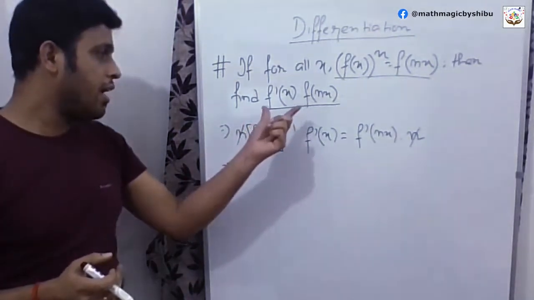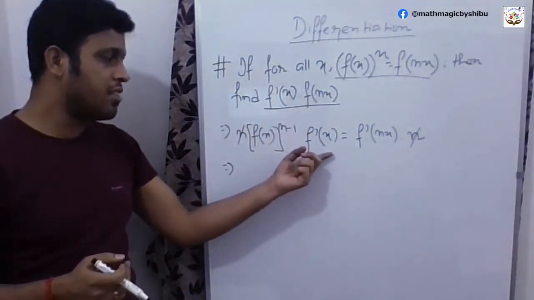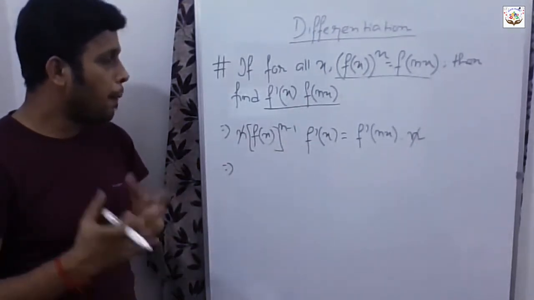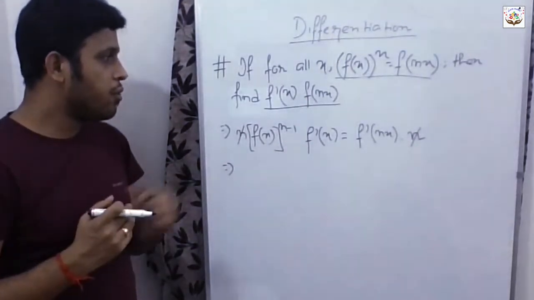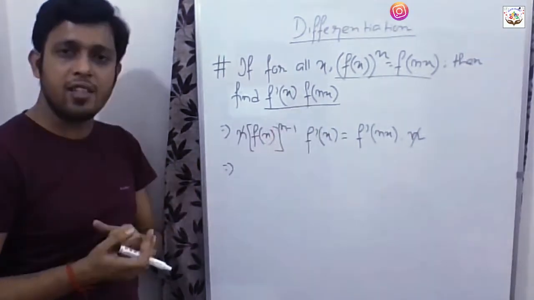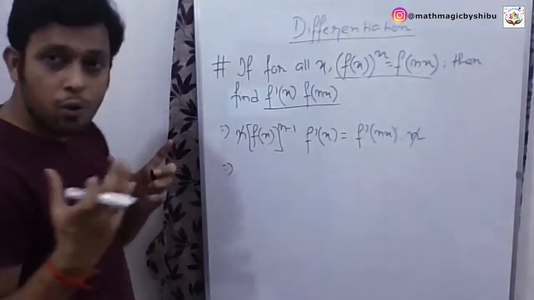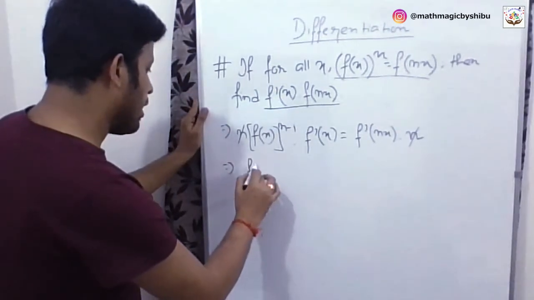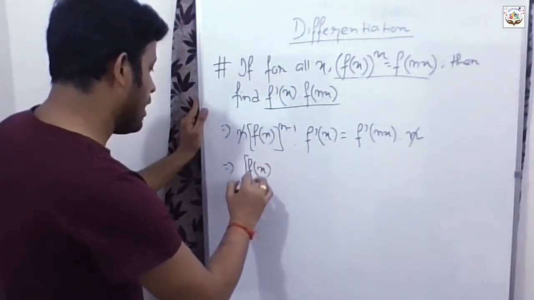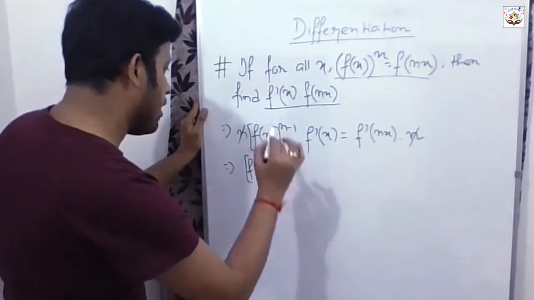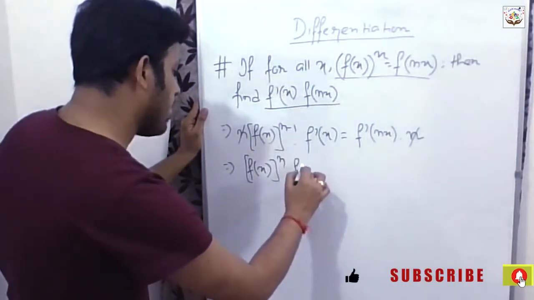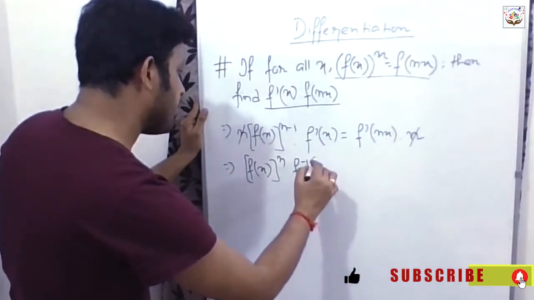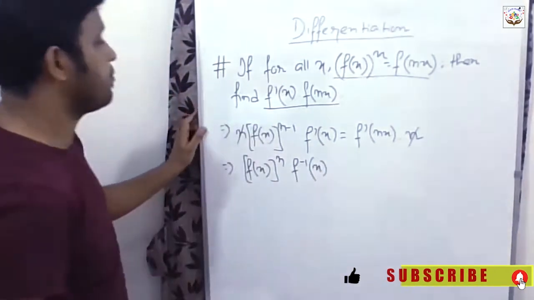So you need to find f'(x). You have f'(x) on this side, but you do not have f(nx) on the left side. So how to get that? Just see this step. From here, can we write it as (f(x))^n into f inverse of x?